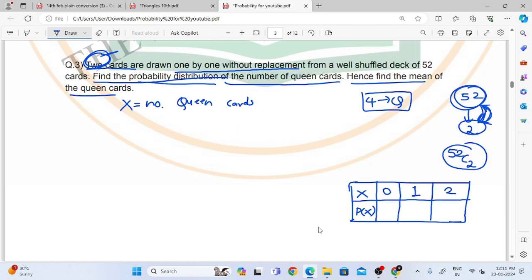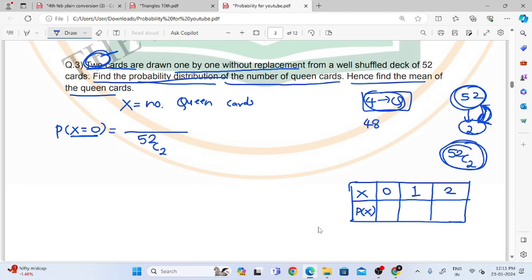Now we have to find out probability according to the cases. So for the first case, p of x is equal to 0. In the denominator, total number of outcomes, that is out of 52 we are selecting any two cards, so 52C2. X is equal to 0 means no queens. Okay, so we have total 4 queens, but we don't have to select any queens. That means if you remove the 4 queens from the 52, how many cards will remain?